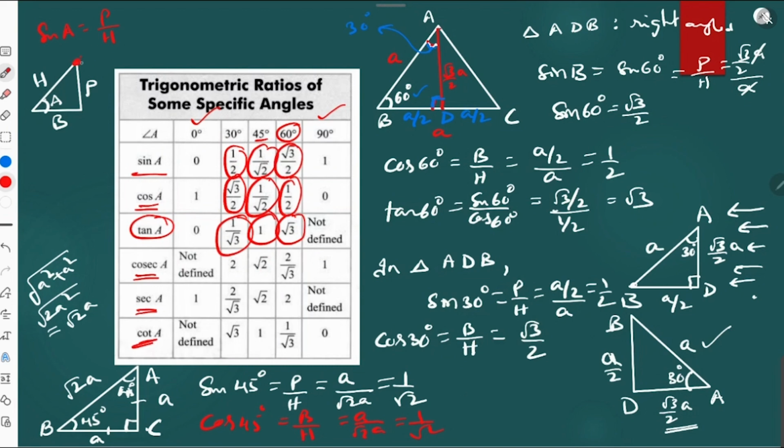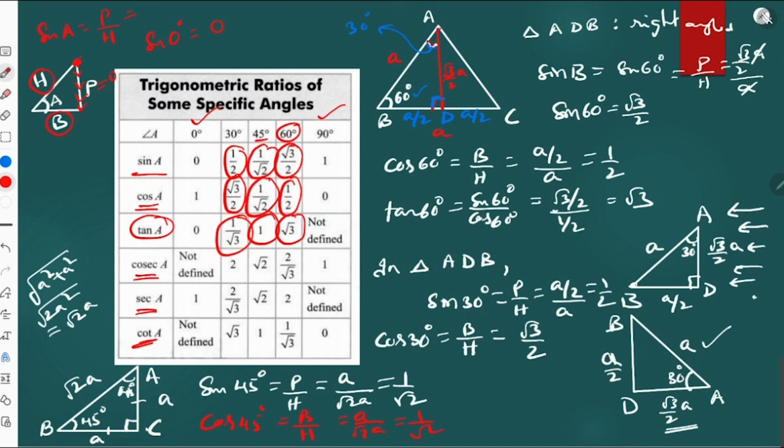This vertex will fall down to this vertex. Then the base and hypotenuse will become the same, and P will become 0. So sine 0 degrees will be 0 because perpendicular becomes 0.